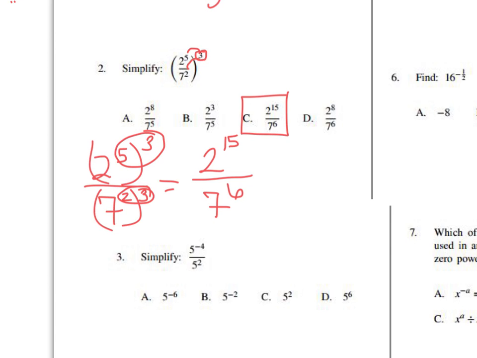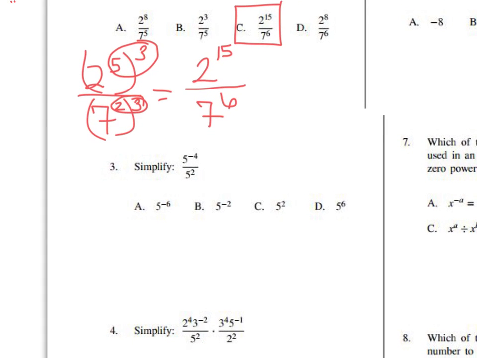Number 3 says, simplify 5 to the negative 4th over 5 squared. The first thing I notice is that I have the same base. Both of my bases are 5. So the rule for dividing is we're going to do what with those exponents? Subtract.